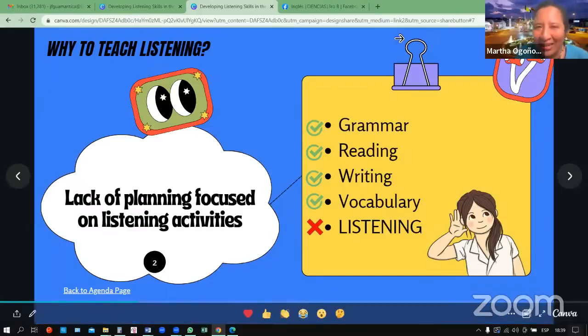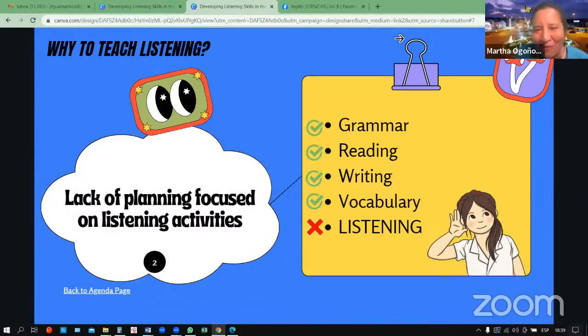And if our students are able to take at least the A2 or the Key English test, they are going to face listening. Obviously, they're going to take the listening exercise, and as we know, they are frustrated.